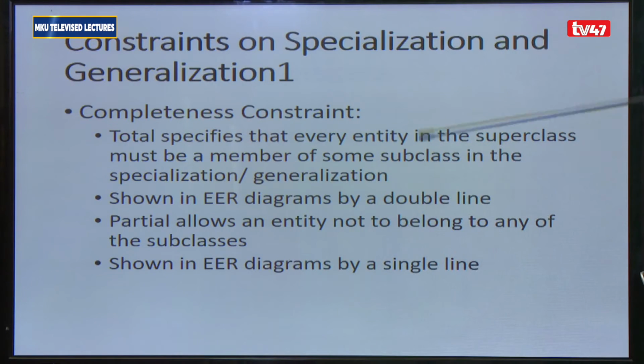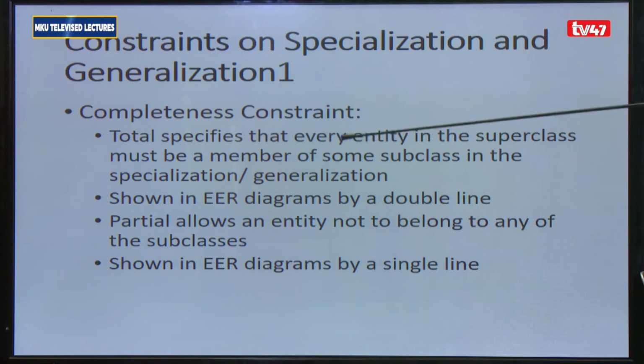There is also what we call a completeness constraint. The total specifies that every entity in the superclass must be a member of some subclass in the specialization/generalization. Let me repeat this.